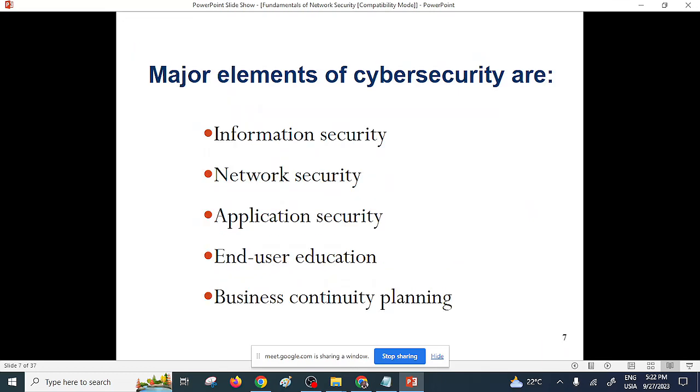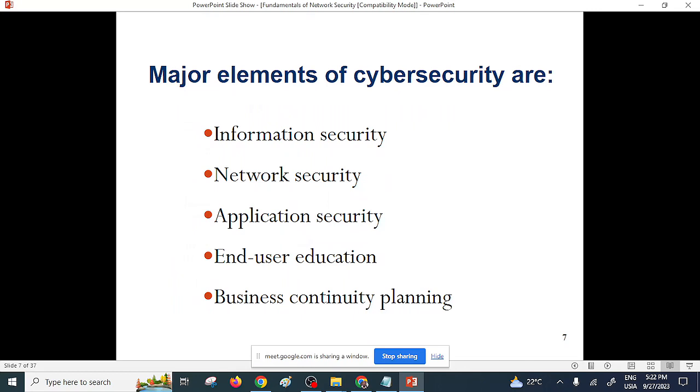As I mentioned, one element of cyber security is network security. So that's the difference. Cyber security is a broad concept. I know most students have always been asking me, what's the difference between cyber security and network security? In cyber security, you need to look at these additional elements: information security, how to secure information. You still need to know how to secure the network itself, what you're learning right now.